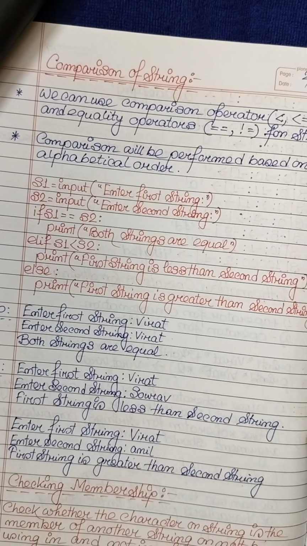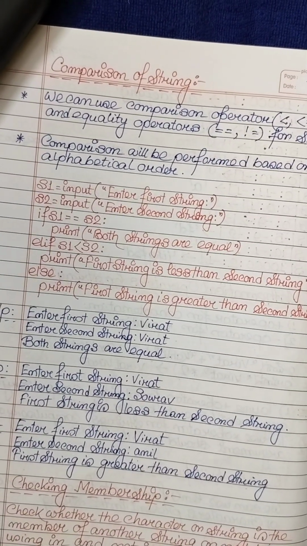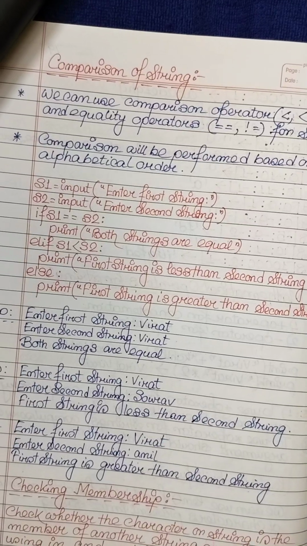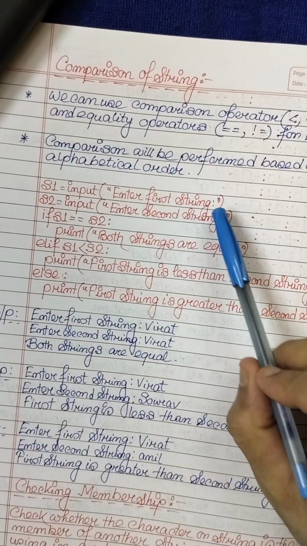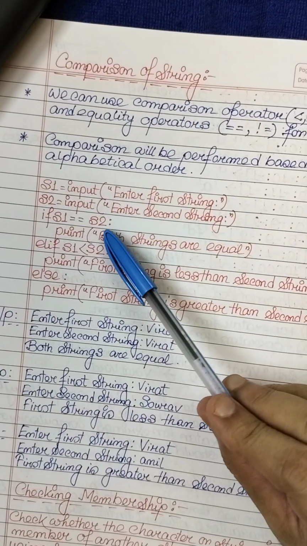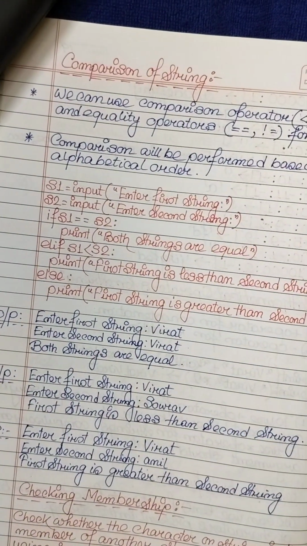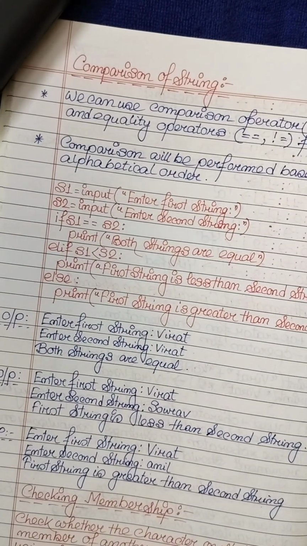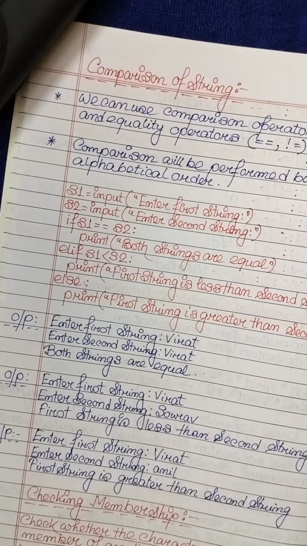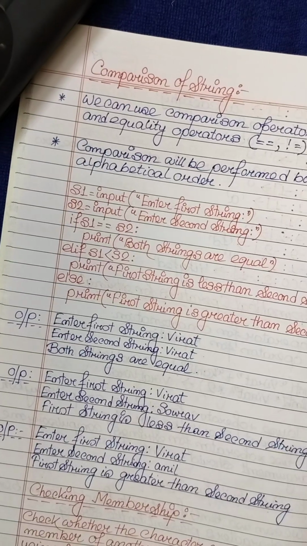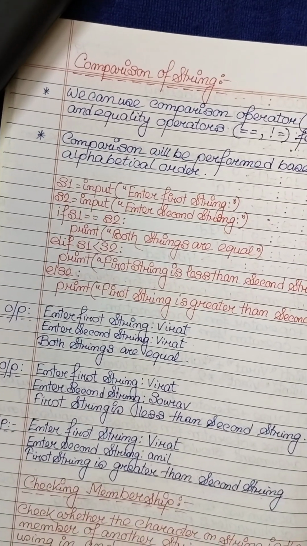Suppose we are taking an example. S1 equals input, enter a string. S2 equals input, enter second string. If S1, that means the value stored in S1, is equal to S2, print both strings are equal.